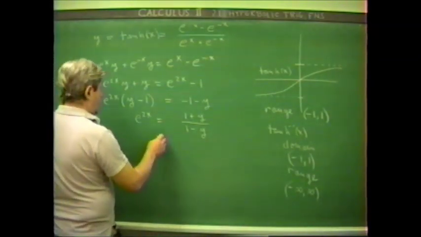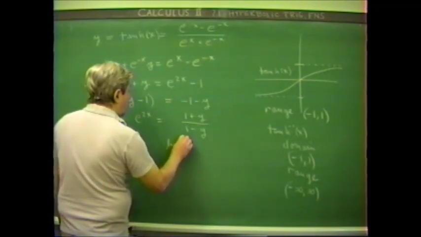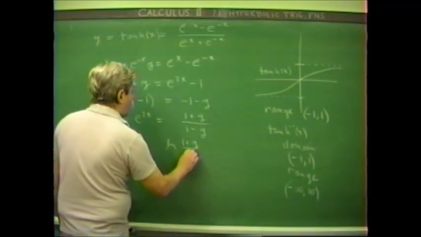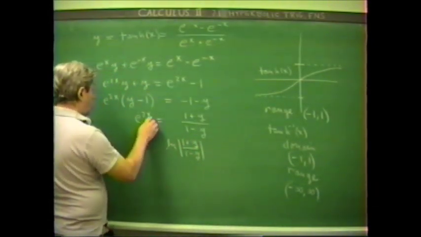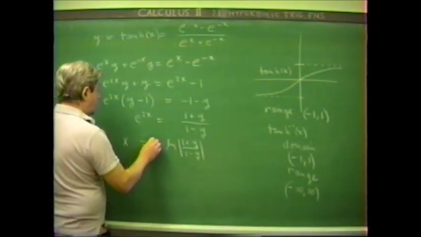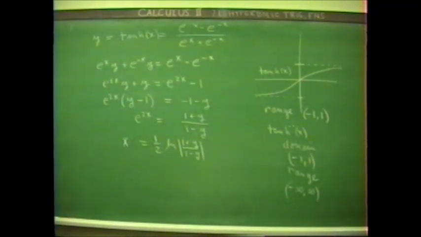So that, taking the logarithm of both sides, we get the logarithm of 1 plus y over 1 minus y is equal to 2x, so that x is equal to 1/2 the logarithm of 1 plus y over 1 minus y.